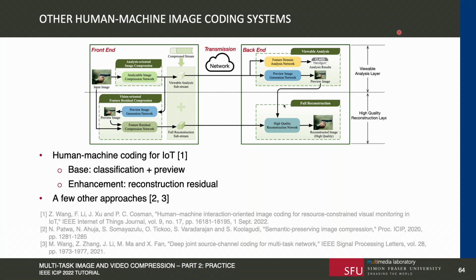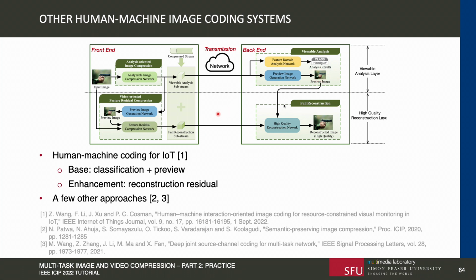So here's another example of a multitask human-machine image coding system where the base layer provides information for a computer vision task, which is classification in this case, as well as a preview of the input image.